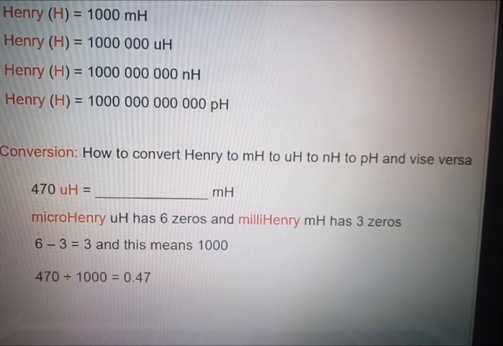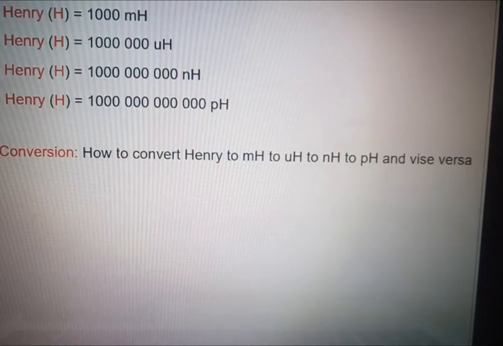So your 1000 will be divided. So 470 divided by 1000 is equal to 0.47. So your 470 microhenry is equal to 0.47 millihenry.